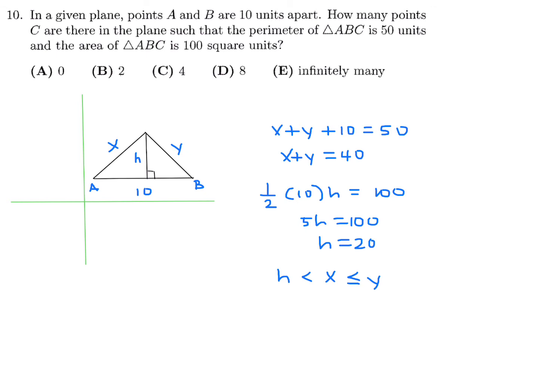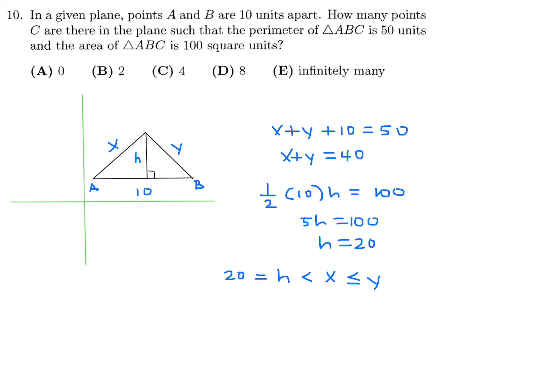Now, x could be equal to y, it would be isosceles. If x is less than y, that's one way. We could also do y less than x, but it would have the same result. Let's just talk about this. If that is true, well, h is equal to 20. We just figured that out.